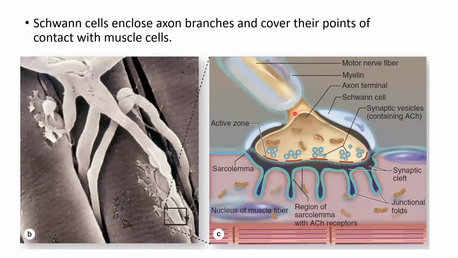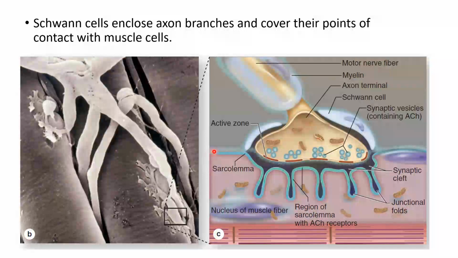So you can see here, there are a lot of mitochondria in the terminal area of the axon, right? And there are a lot of synaptic vesicles. So these vesicles are filled with the neurotransmitter. The neurotransmitter found here is acetylcholine, right?